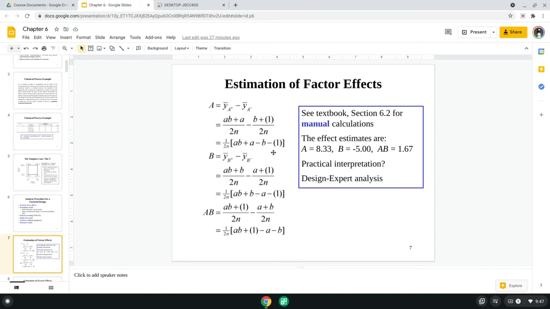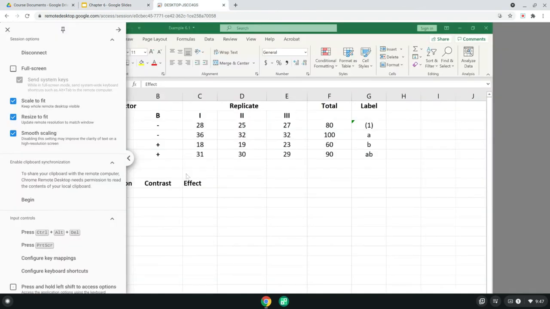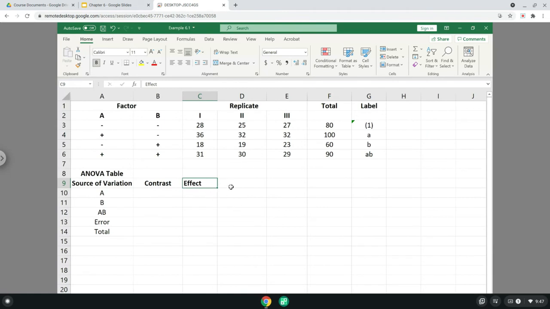That's the factor effect. Next is the sum of squares. Then we will calculate the degrees of freedom.